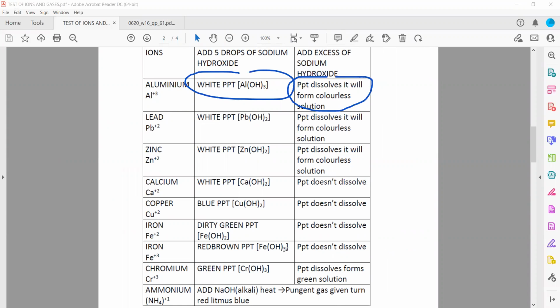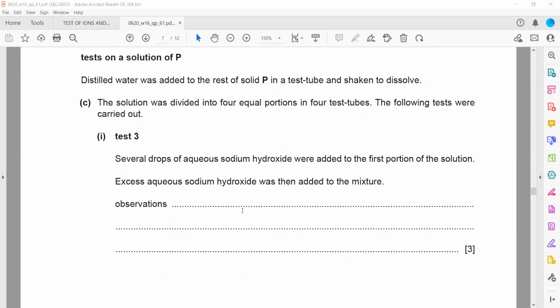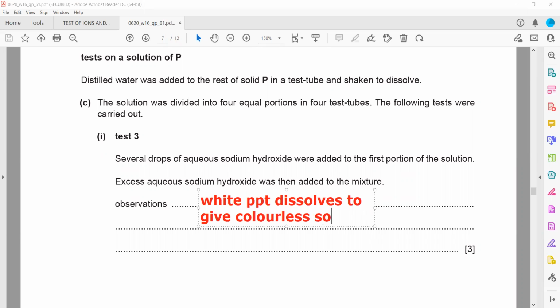The precipitate will dissolve to form a colorless solution. So the answer here: white precipitate dissolves to give colorless solution.